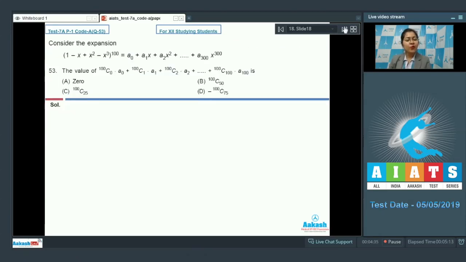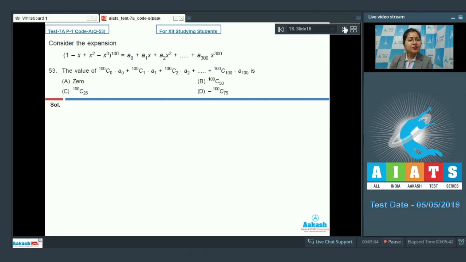Next is the paragraph for question number 53 and 54. Here it has been given that (1 minus x plus x square minus x cube) whole raised to the power 100 is equal to a naught plus a1x plus a2x square and so on up till a300 x raised to the power 300. So we have to find the value of 100c0 into a0 plus 100c1 into a1 and so on.